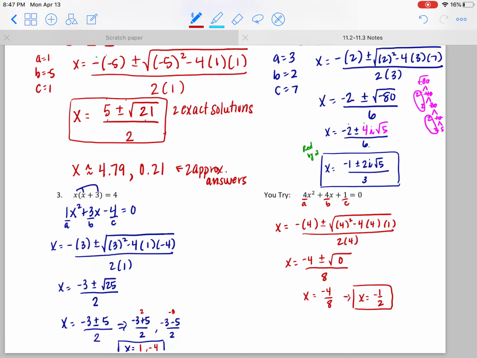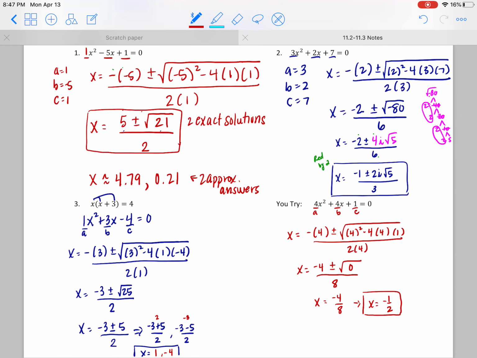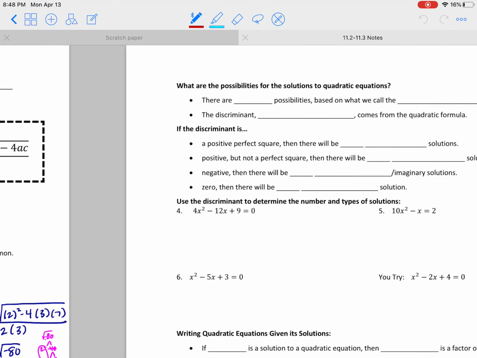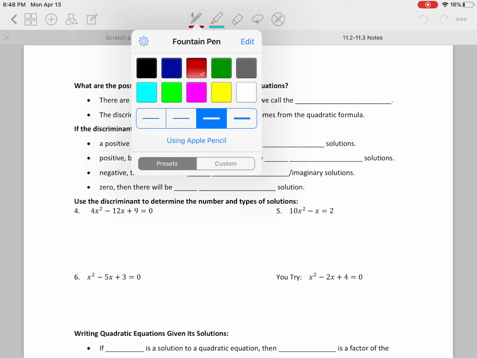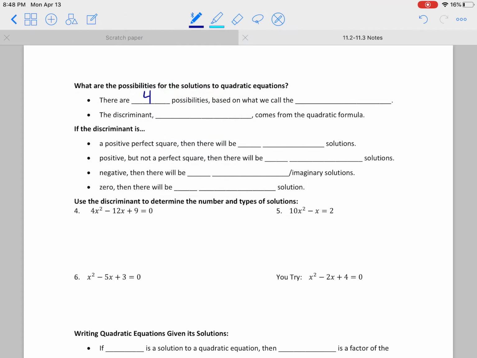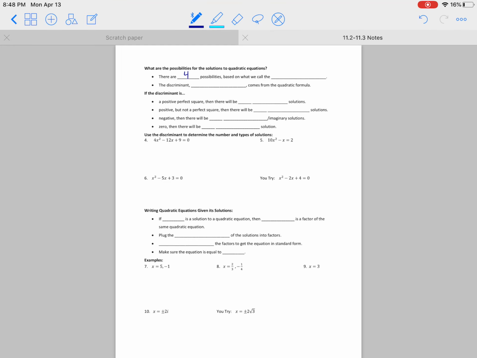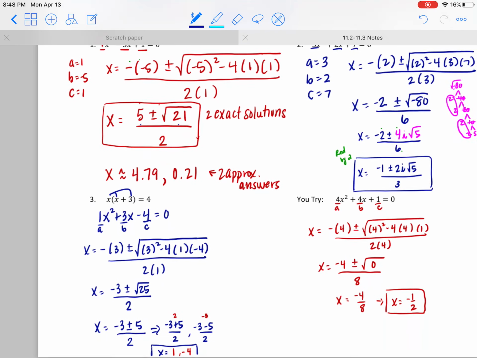So now we're going to take some time to look at our solutions. If you notice in these 4 problems, we got a good variety of solutions, and we've talked about what some of those look like in our first set of notes, but there are 4 possibilities for solutions.